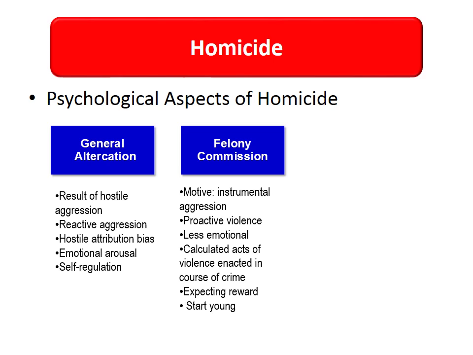The second category is felony commission offenders, and usually these offenders are motivated by instrumental aggression, where the offender is motivated to achieve a goal. Therefore, the crimes are usually not emotionally charged but are instead carefully planned.